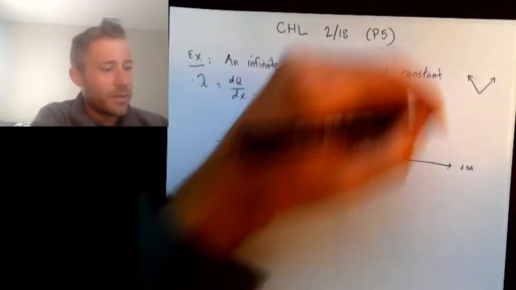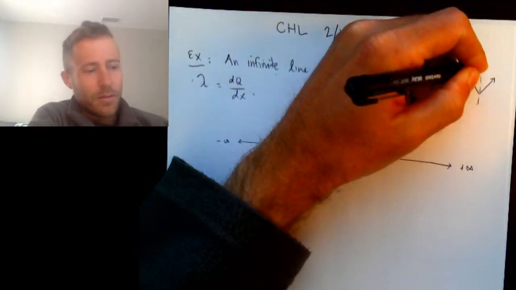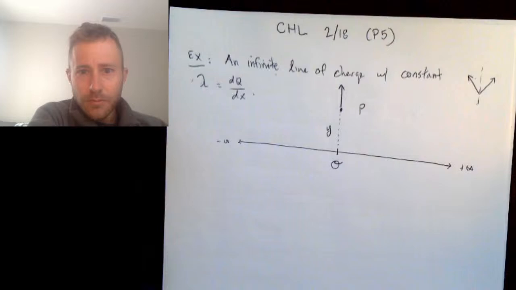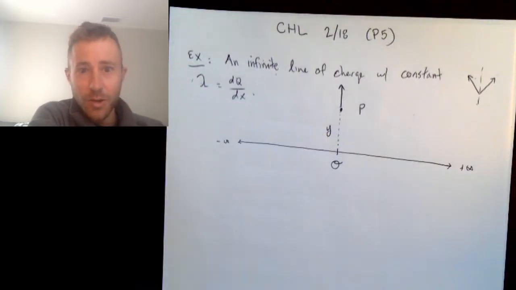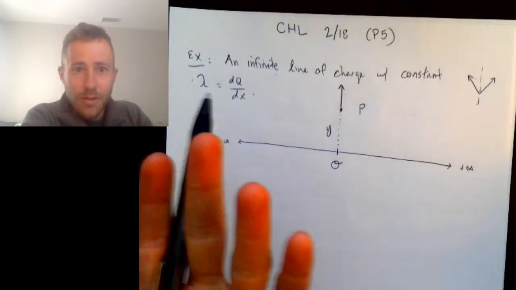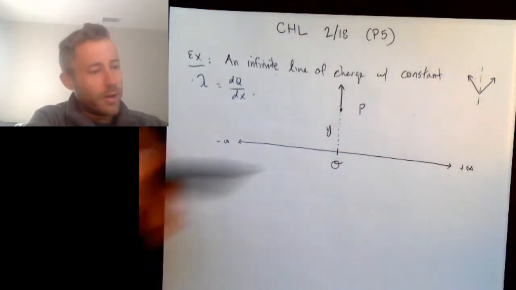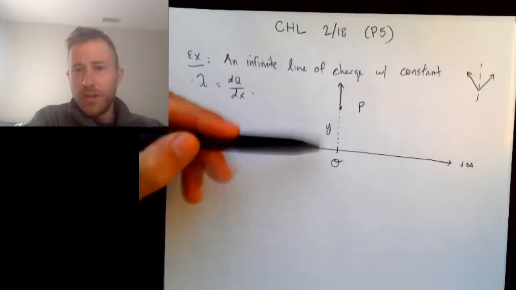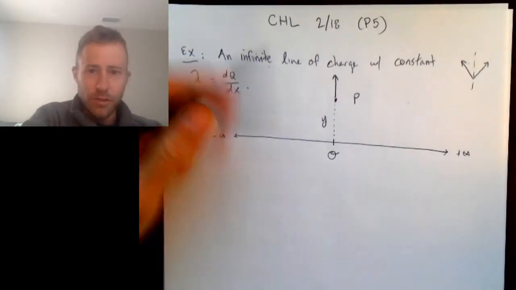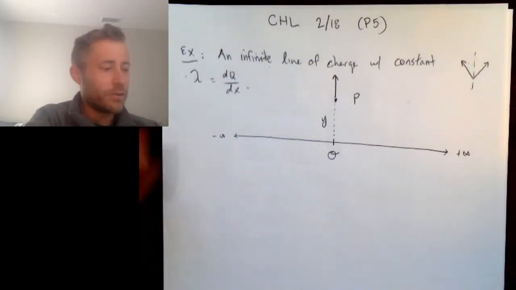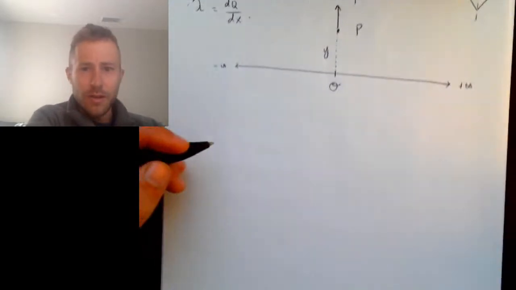You get what I'm saying? But the charge distribution is exactly the same as it was after it was flipped. Okay? So if you have an infinite line of charge, the electric field has to point directly away from the line of charge. So let me just draw that.